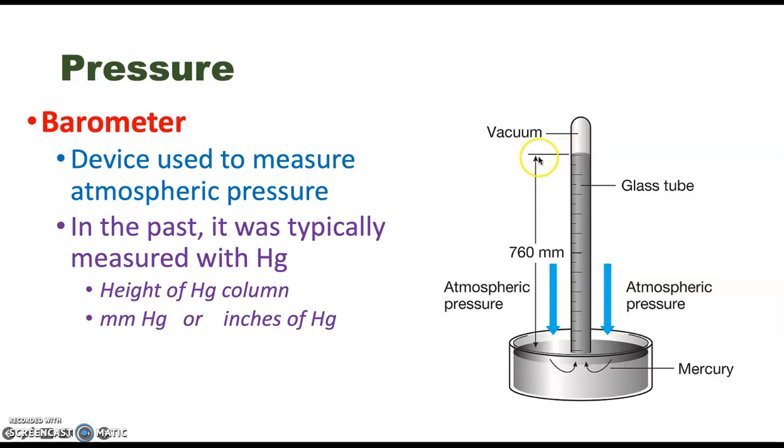And you can measure the height of this mercury column. Typically, atmospheric pressure is 760 millimeters. The height of this column would be that distance. So that's why millimeters of mercury is actually a pressure unit, or inches of mercury is another one. Now, as the pressure drops or increases due to weather, if rain's coming, you usually get pressure dropping.